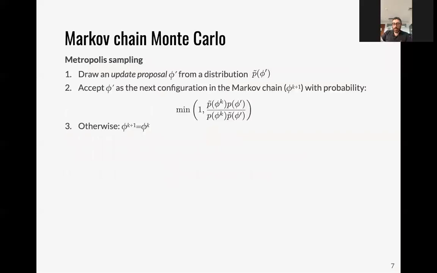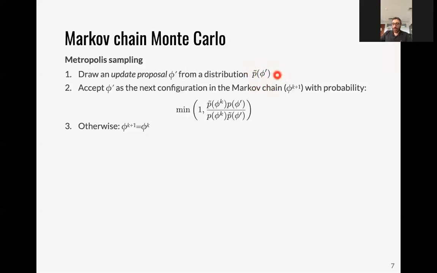The standard way of doing this is using Metropolis sampling. I have these P tilde of phi prime. So I'm producing these field configurations not with the desired probability P of phi, which is e to the minus action of phi over Z, as I showed in the last slide, but with some distribution that I know how to sample from, which I call P tilde of phi.